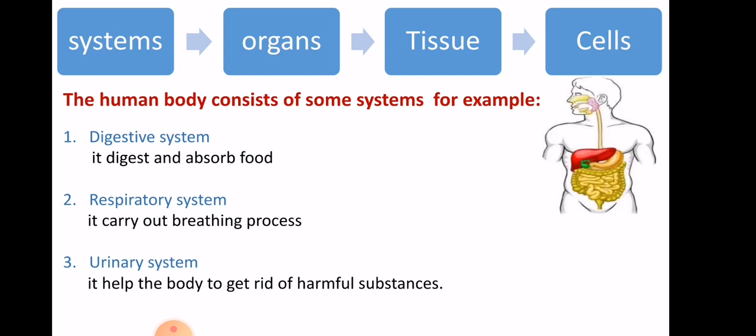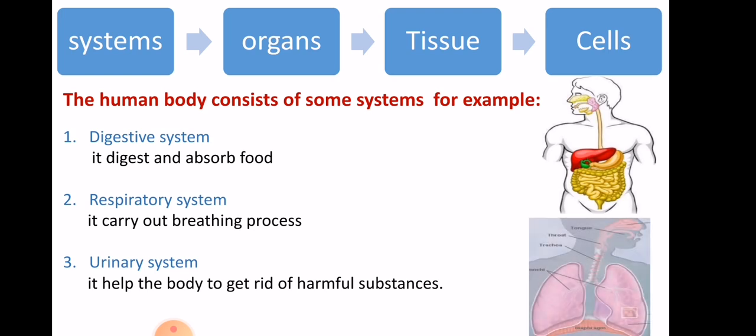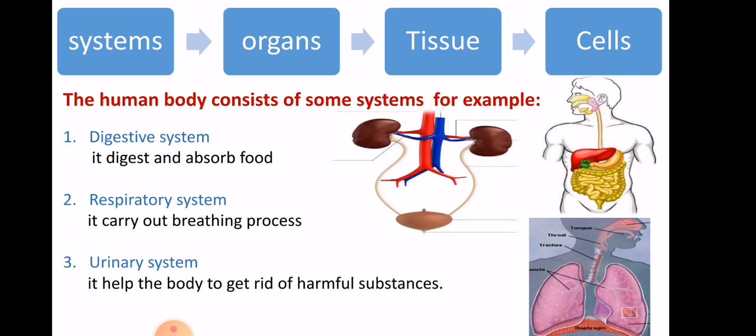This picture is the digestive system, and this one is the respiratory system, while this one is the urinary system. The digestive system, as we see, consists of the stomach, esophagus, small intestine, and large intestine, and we will discuss all of this in details with their functions.